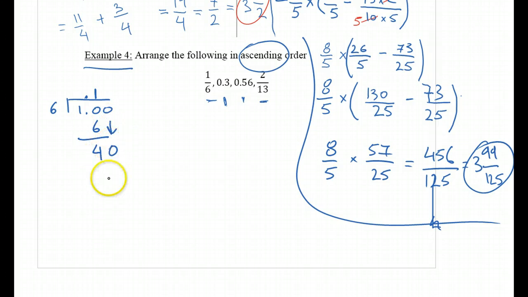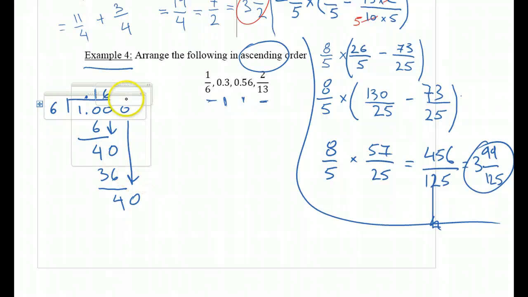Drop my 0. 6 goes into 46 times, and 6 times 6 is 36. Get my 4 down. Oh, look at this. I'm going to have one of those repeating forever decimals here. So this is going to be 0.16666.